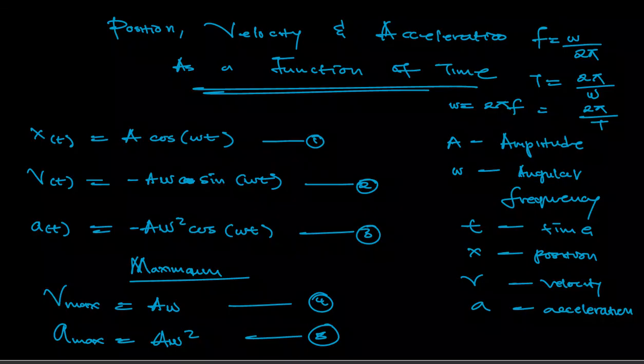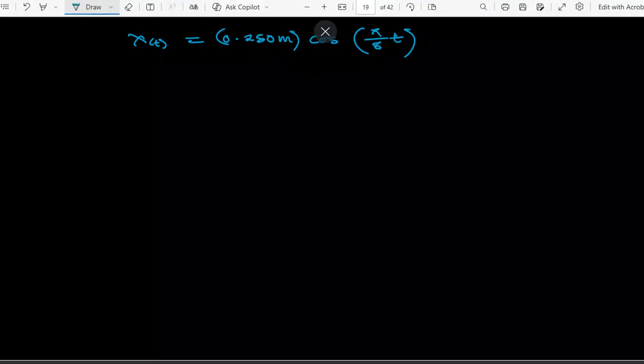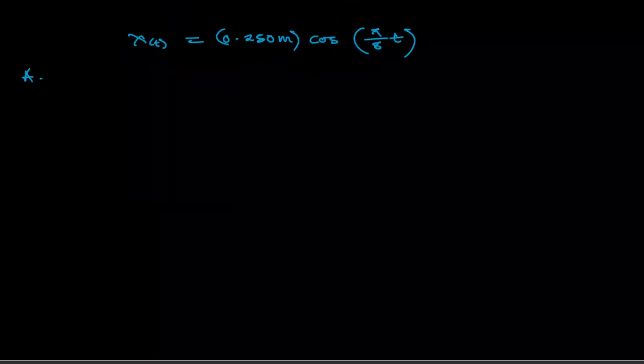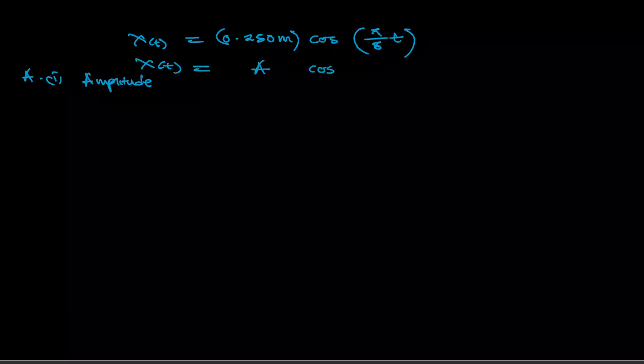The first question is to find the amplitude. Question A1 is asking for the amplitude. The formula for position as a function of time is amplitude times cosine wt.